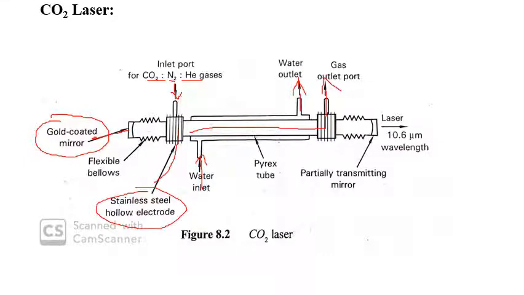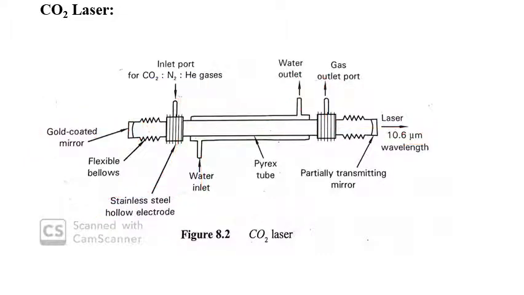So see here, there is a coated mirror, and the light will move out like this with a wavelength of 10.6 micrometer. As in the case of ruby crystal, there is a gold coated mirror.